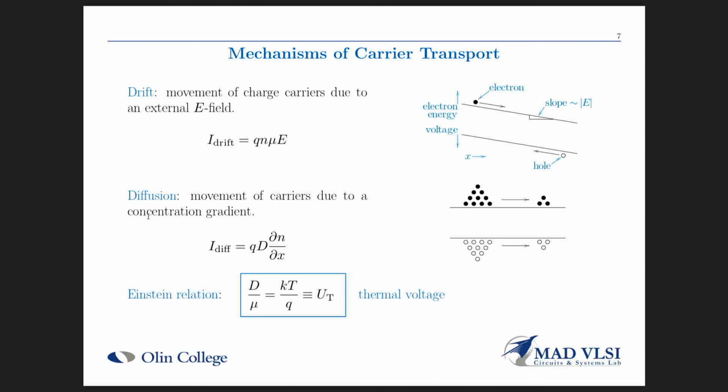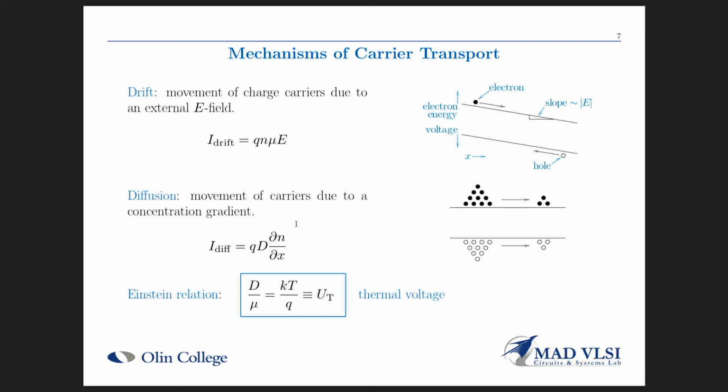So the second type of carrier transport mechanism that we're going to talk about is basically diffusion. You've probably seen this in a chemistry class or in Mat Sci. This is basically just the random motion of particles with no preferred direction, probably due to the thermal energy that they have.